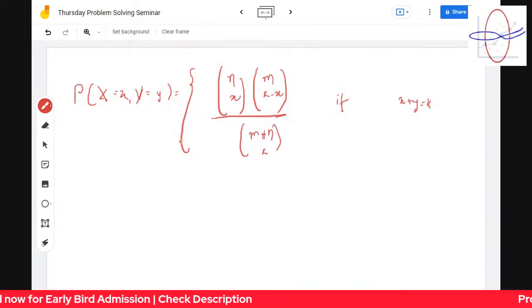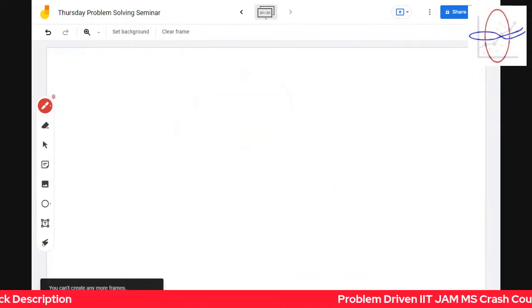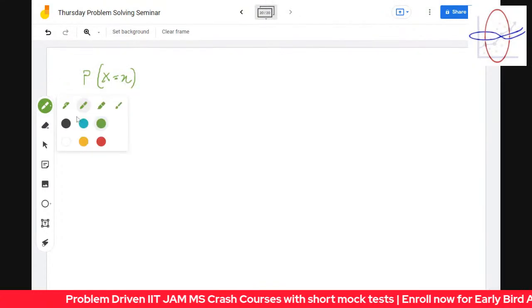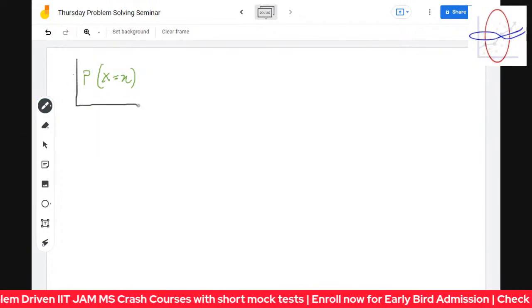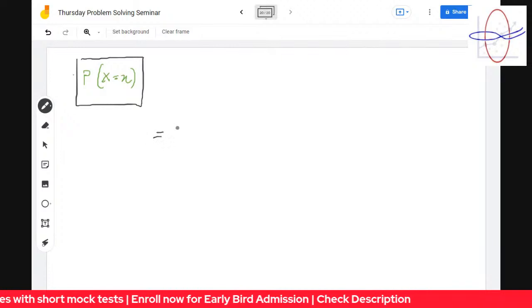Zero otherwise. Now you can easily do the probability X is equal to. Now let's do the story version. You can always calculate it, but let's do a story version. The story version is that you are selecting X women in the committee. What's the probability of selecting X women in the committee?